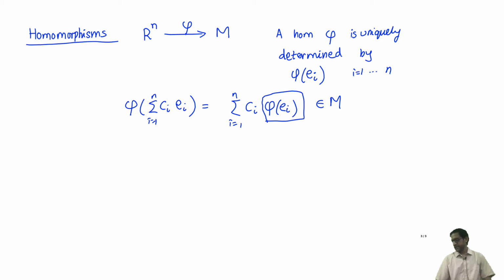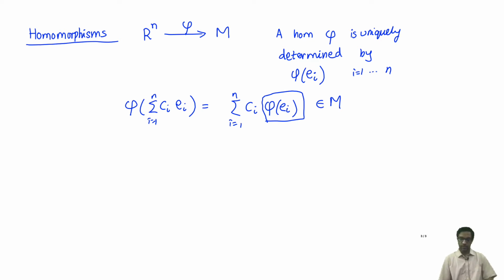There is actually an existence and uniqueness statement hidden in this, which is that if you give me some elements mi, then I can find a homomorphism such that phi ei is mi, and there is only a unique such homomorphism.